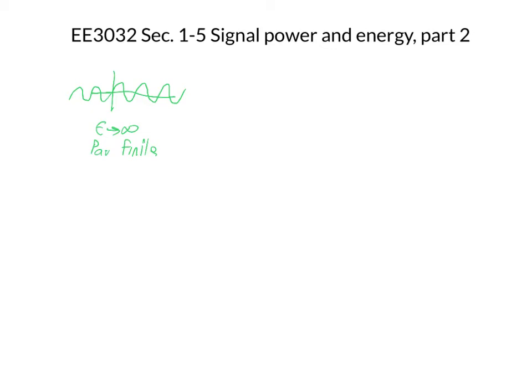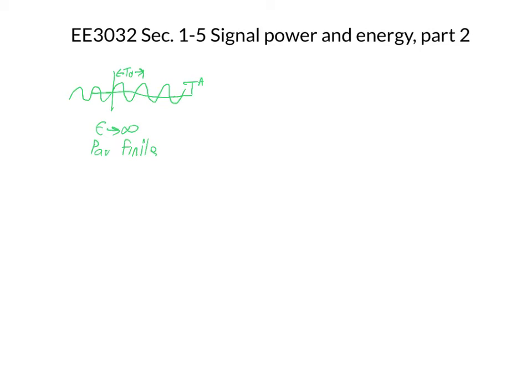So for a sinusoid, and like I said, even though this one shows 0 phase shift, this would apply for any phase shift. I have a period T0, and I have an amplitude to the peak here of A. So now we want to know what is the power of that.